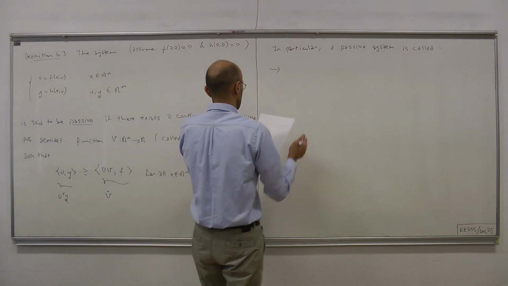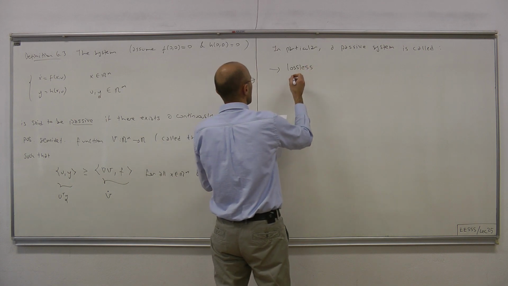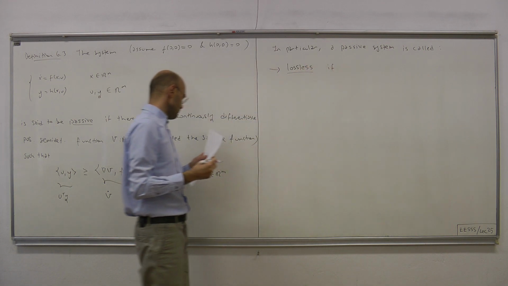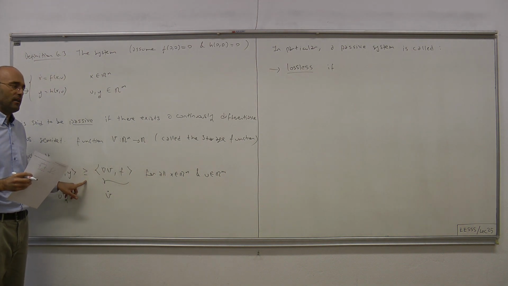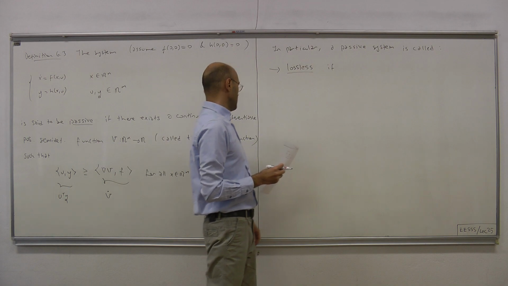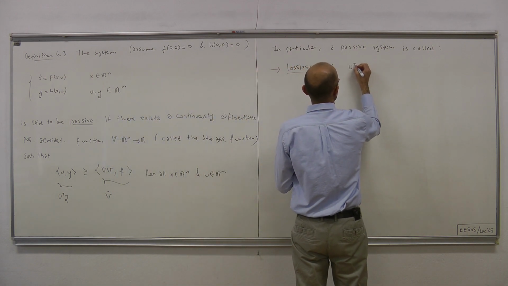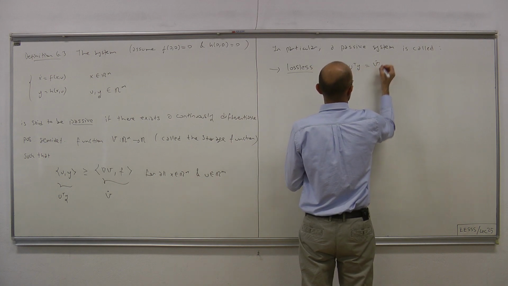For instance, it's called lossless if this inequality can be replaced by equality for all x and u. Okay, so lossless if u transpose y equals V dot.